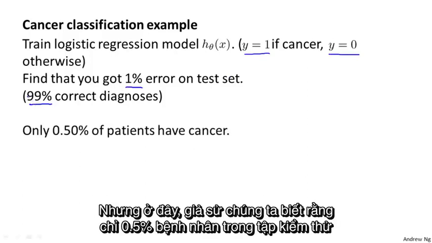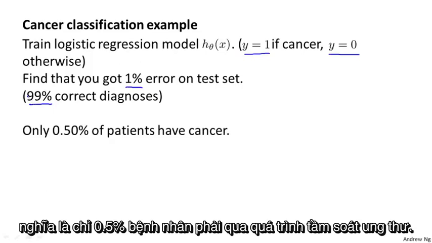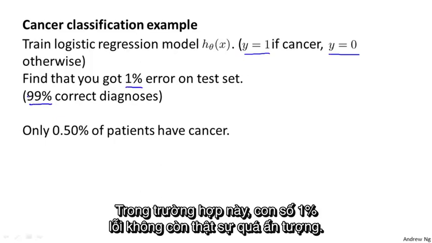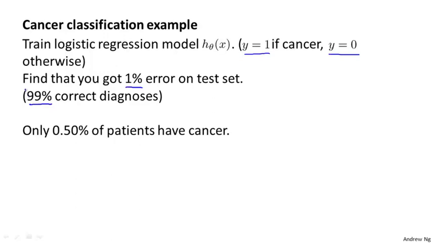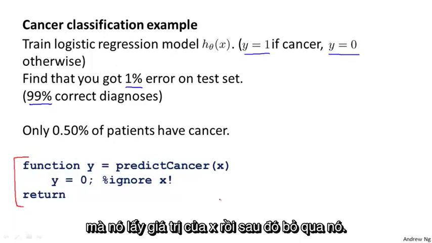But now, let's say we find out that only 0.5% of patients in our training and test sets actually have cancer. So only 0.5% of the patients that come through our screening process have cancer. In this case, the 1% error no longer looks so impressive. In particular, here's a piece of non-learning code that takes as input the features x and ignores it.